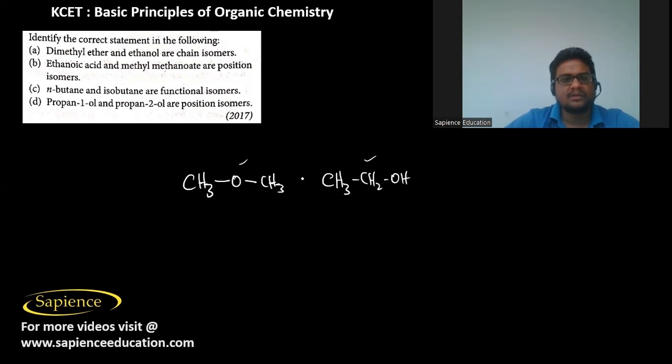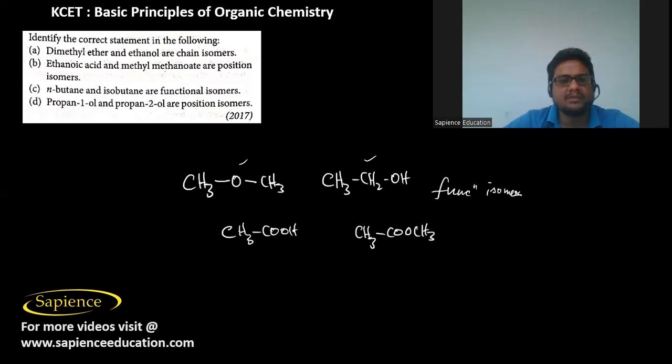No, they are not chain isomers, they are functional isomers. Then ethanoic acid, CH3COOH, and methyl methanoate, CH3COOCH3. Methyl methanoate and ethanoic acid are position isomers? No, they are not even isomers since their molecular formula is not the same.